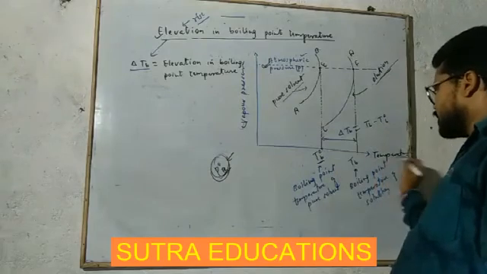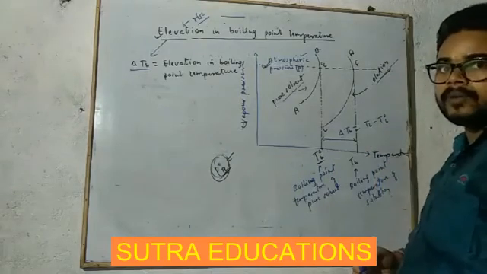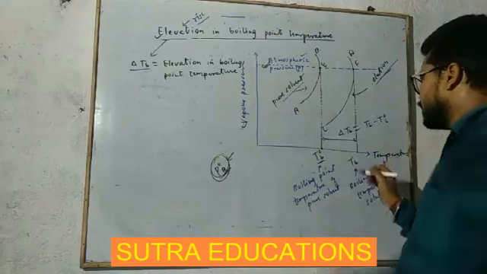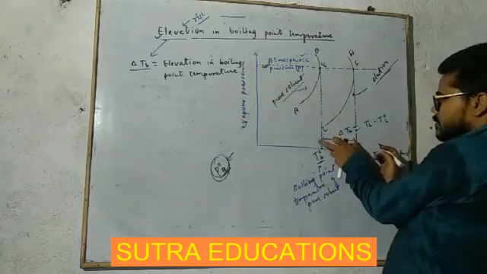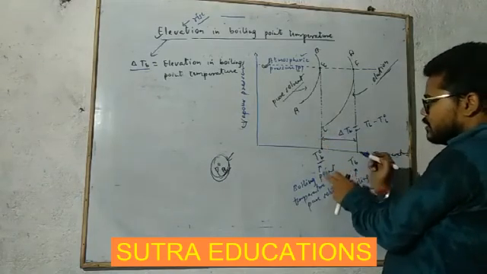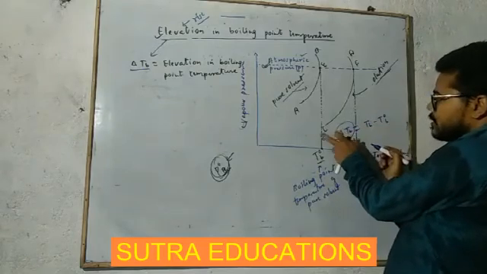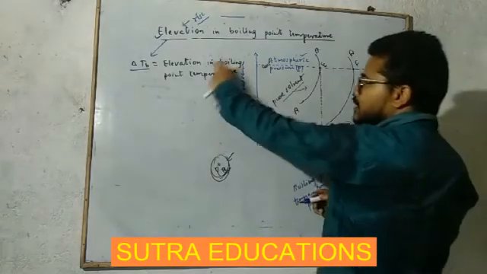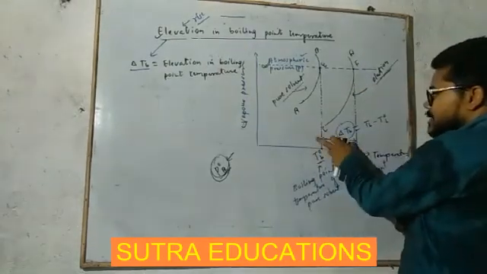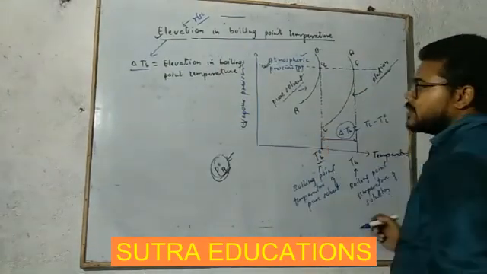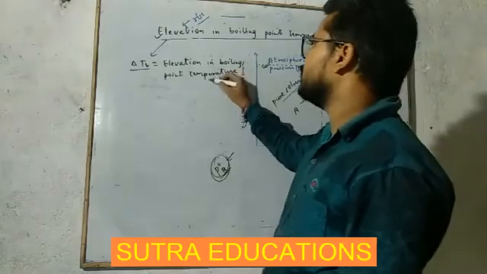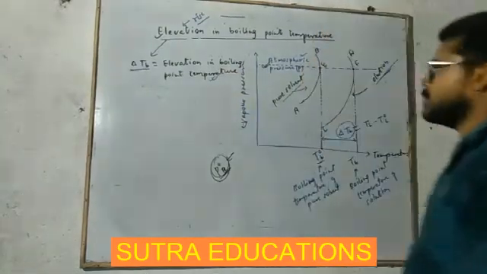This is temperature axis, we have to heat it more, so this will be its boiling point. So this difference TB minus T0B is delta TB, and this is the difference in temperature, or we say elevation in boiling point. This is the rise in temperature. So it is known as elevation in boiling point temperature. Okay.